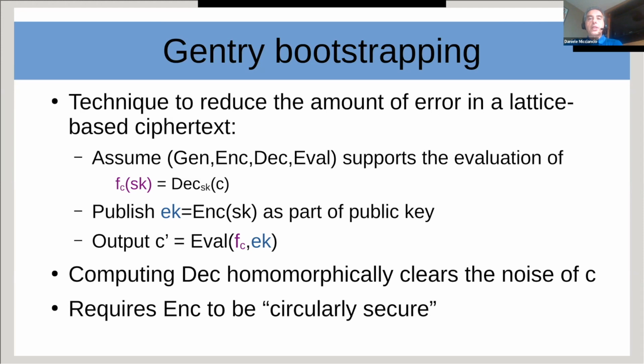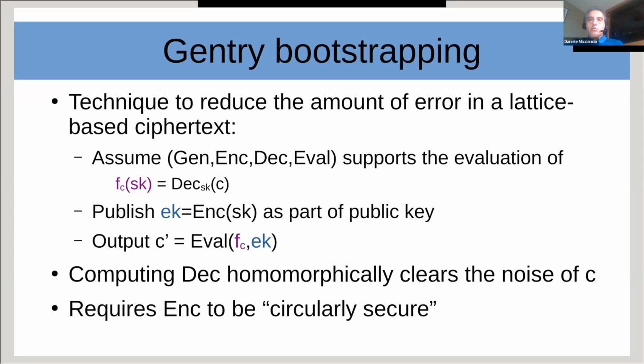We want to think of C as the description of the function, and the secret key, SK, as the input to the function. Next, since we cannot reveal the secret key, we encrypt it, and we publish the encryption of the secret key, and the evaluation function is computed by applying this function F_C on the evaluation key, on the encryption of the secret key.